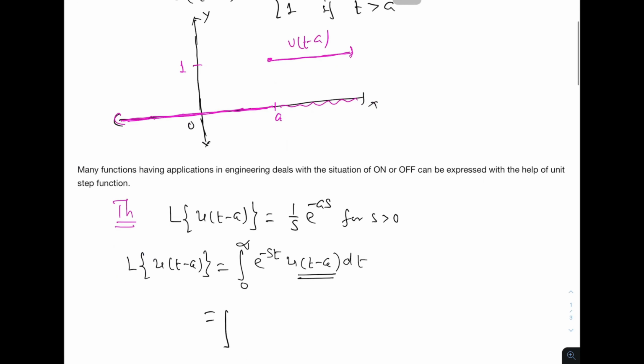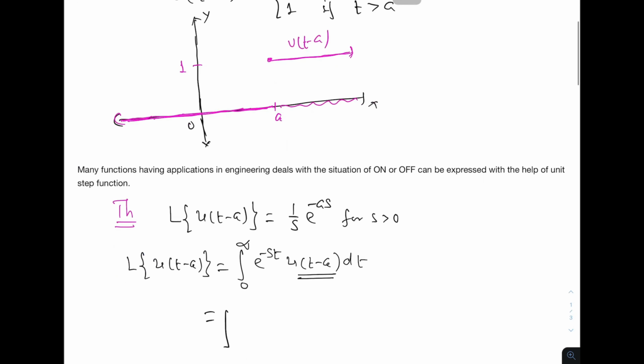So when we apply infinity, that will be 0, and minus, this is 1 upon minus s, and at t equal to a we put t equal to a here, so that is e power minus as. So that is nothing but 1 over s e power minus as. That is the Laplace transformation of the unit step function.